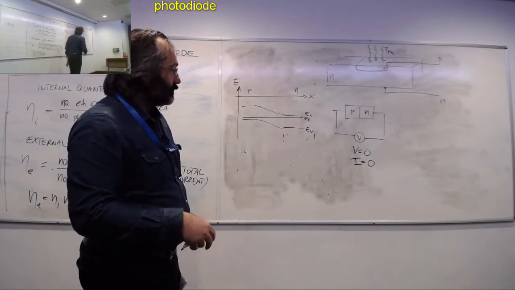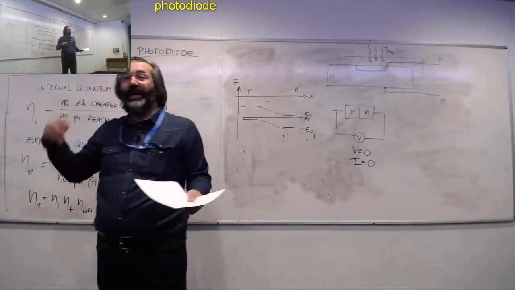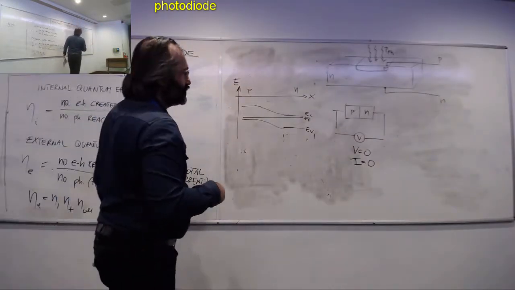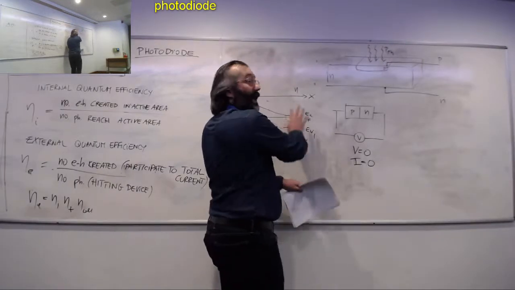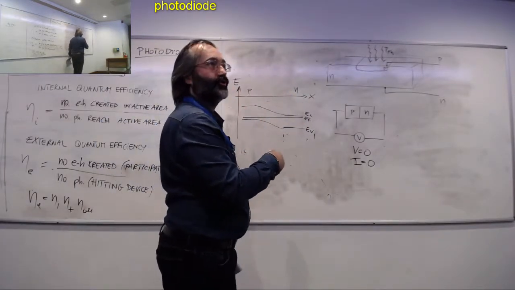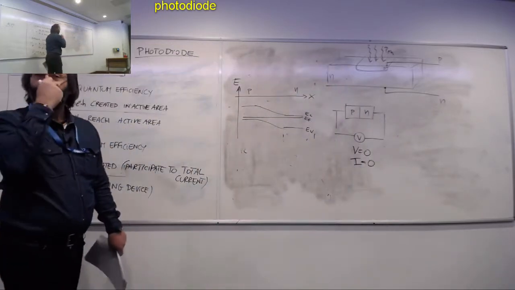So let us now imagine. Thermodynamic equilibrium also means, if you remember, going back to when we defined these things in semiconductors in chapter 2, that there is no light being shone on the semiconductor.